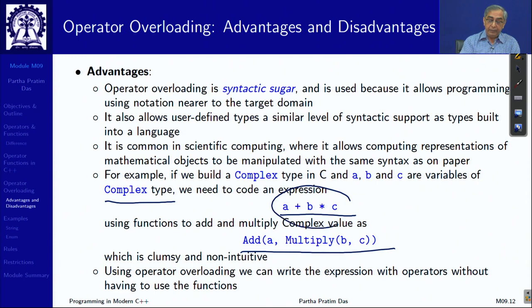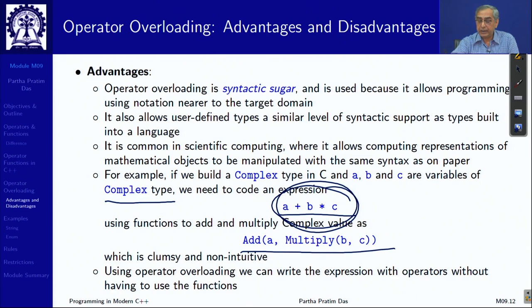With overloading, you will be able to write this expression in exactly the form which you can write for int, float, or double. You will be able to write that for your complex type. If you define a fraction type, you will be able to write similar expressions for that, though the rules of multiplication of complex numbers are different from the rules of multiplication of integers or doubles and so on.